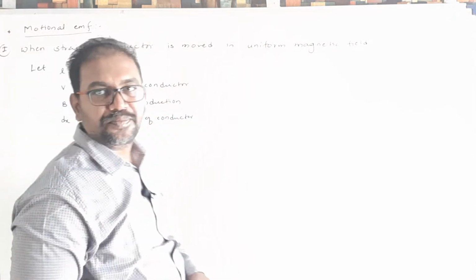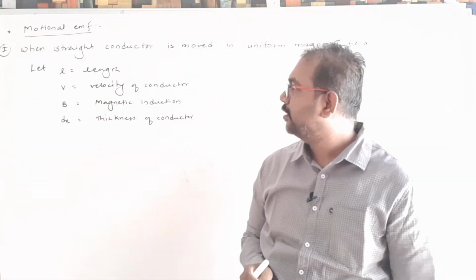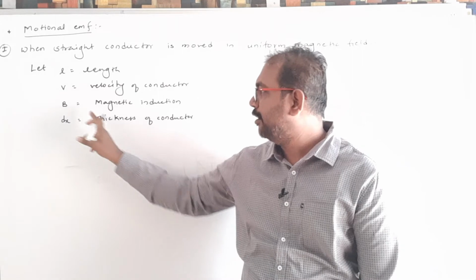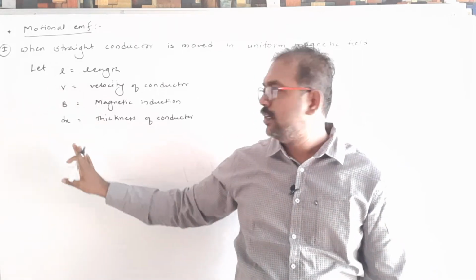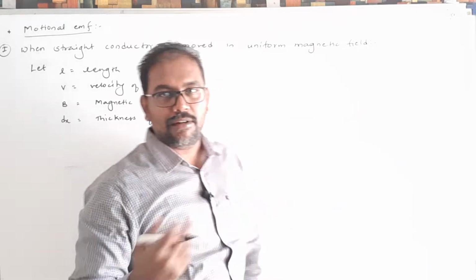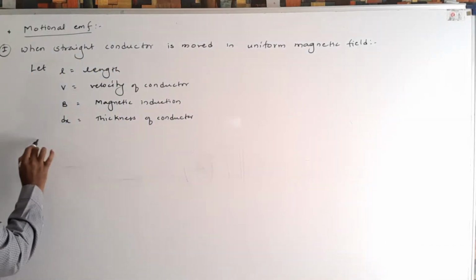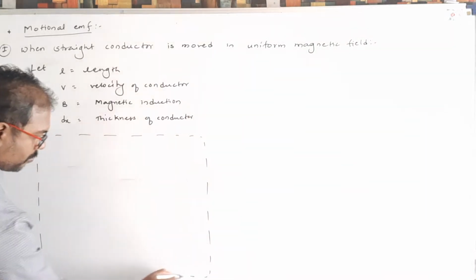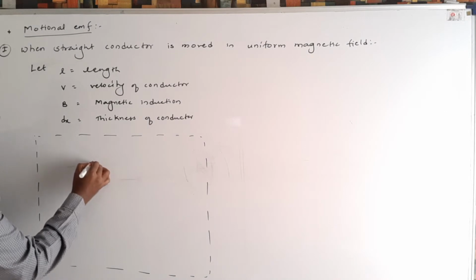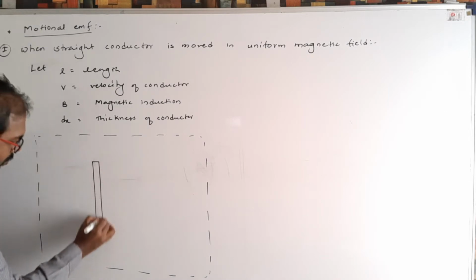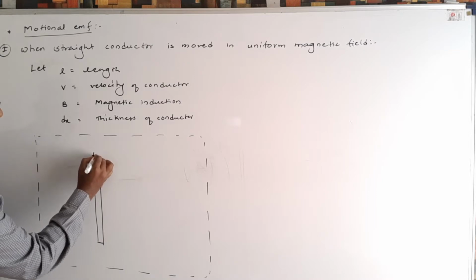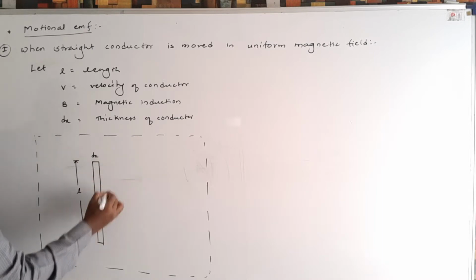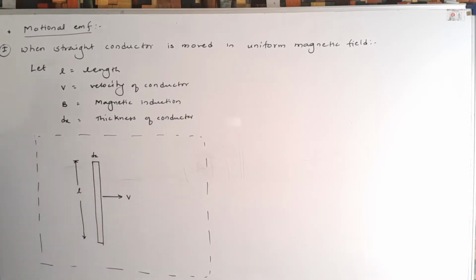So what we consider here is a straight conductor of length L moved in a uniform magnetic field of induction B with velocity v. Let dx be the thickness of the conductor. Now let me draw the diagram here. This is the magnetic field, and this is the straight conductor with thickness dx and length L, moved with velocity v.